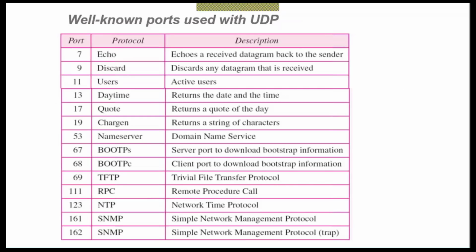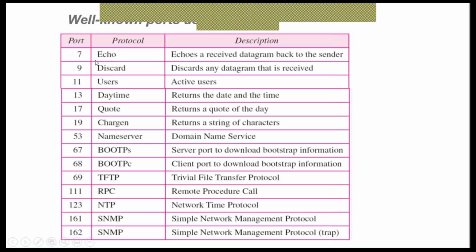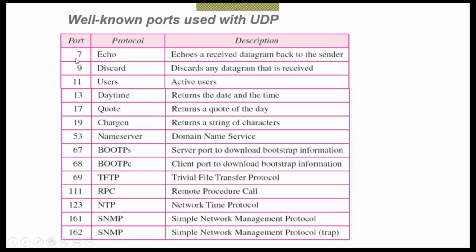These are the well-known ports used with UDP and well-known services like echo, discard, daytime. I already explained name server, BOOTP, TFTP, RPC, NTP, SNMP. SNMP has two variants, one is 161, another one is 162. So these are the very well-known port numbers. Somebody can ask you, echo service runs on which port? It's 7.